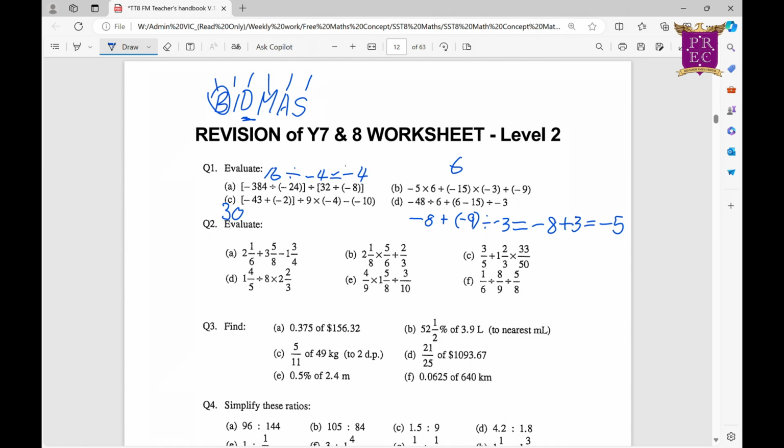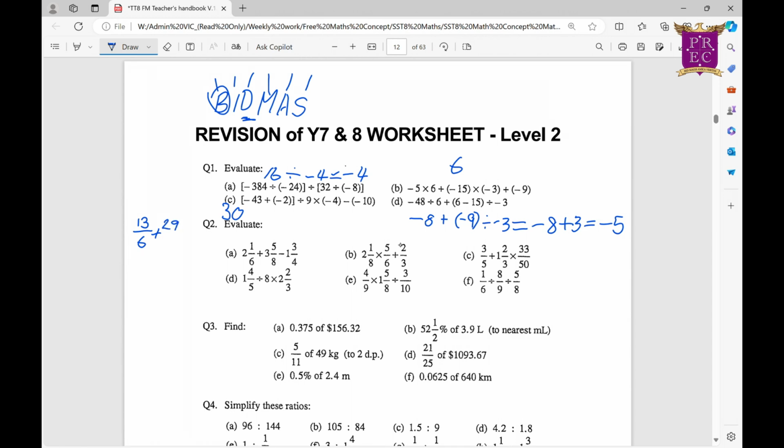2a, 2 times 6, so remember we're converting the mixed fraction into an improper fraction. 2 times 6 gives us 12, plus 1 is 13, so 13 on 6. Do the same for the other one. 8 times 3 is 24, 24 plus 5 is 29.